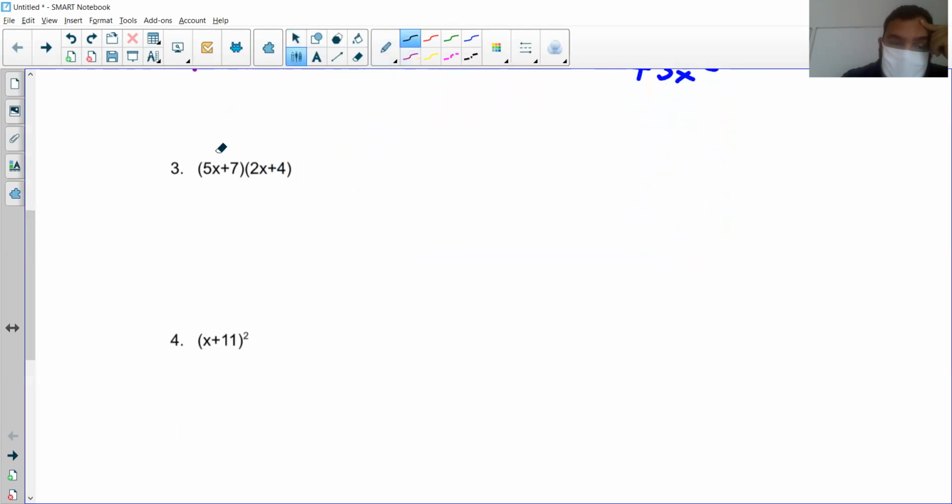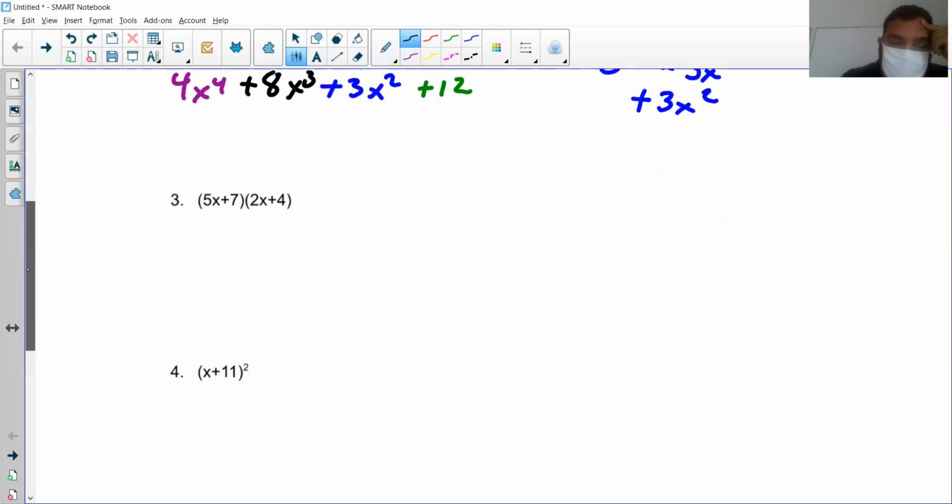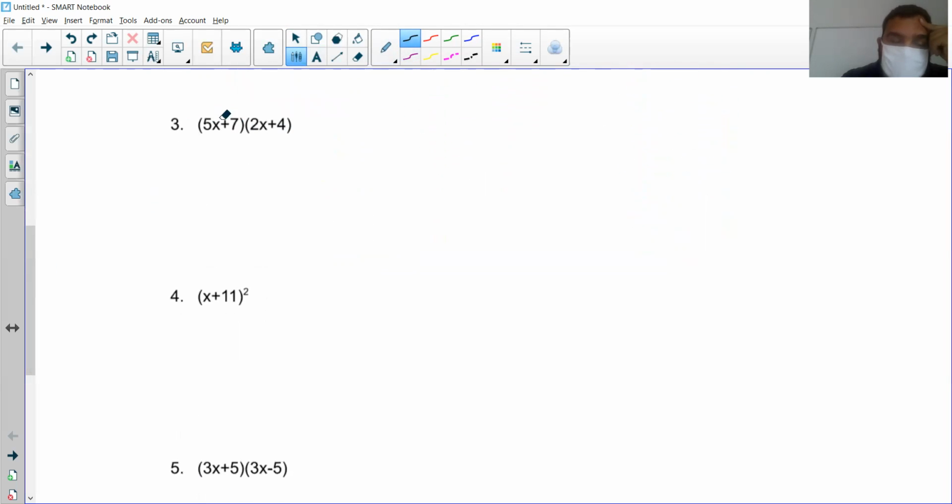Next one, 5x plus 7 times 2x plus 4. When we FOIL, we distribute a little bit to everything. So 5x goes to 2x, 5x goes to 4, 7 goes to 2x, and 7 goes to 4, and they're multiplying each time.